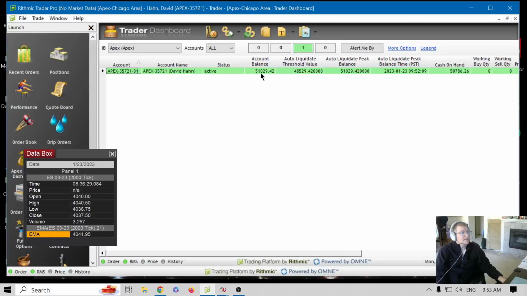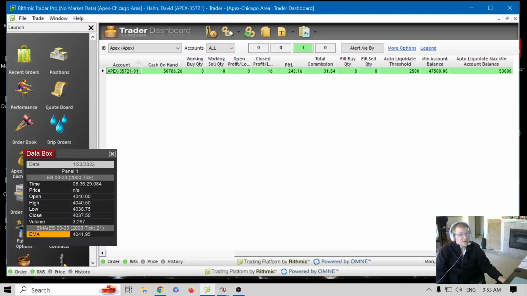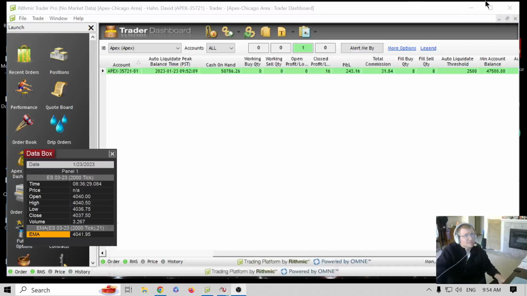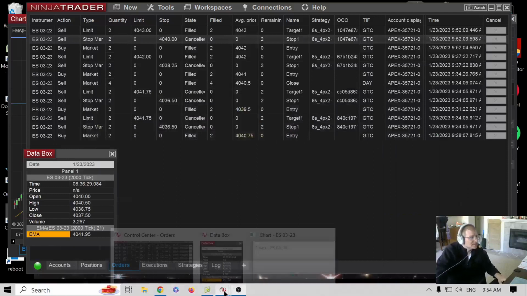But look, we're over 51,000 now for the account. So we're 33% to our goal of 53,000 in 3 days of trading. Knock on wood, and no red days. It looks like $2 a contract.